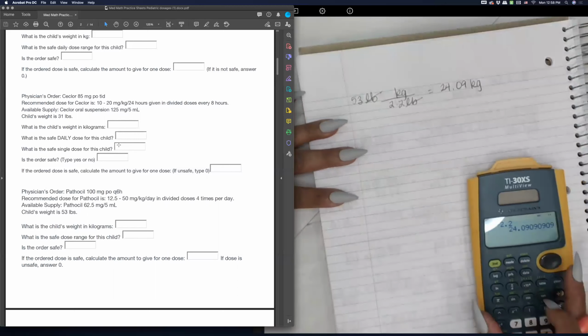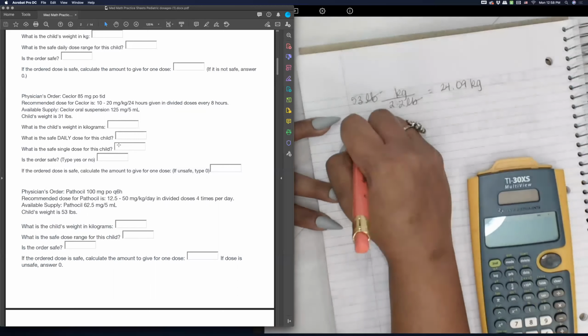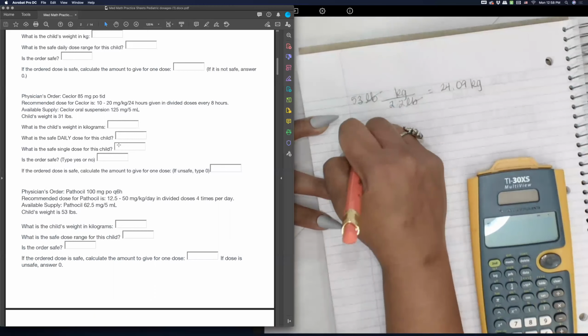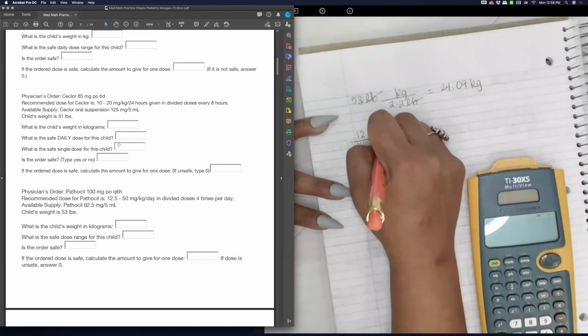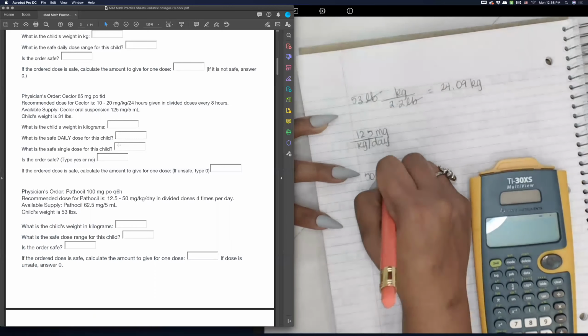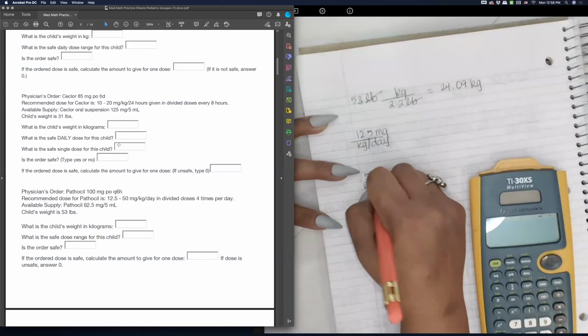The low end of our range is 12.5 milligrams per kilogram per day, and the high end is 50 milligrams per kilogram per day.